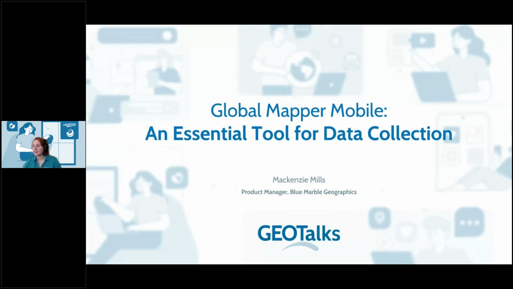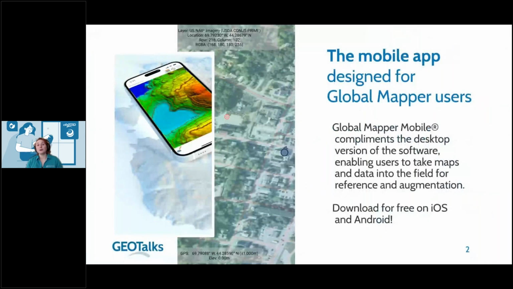So I'll dive right in here. We're talking about Global Mapper Mobile. Now, Global Mapper Desktop is probably the most known program from Blue Marble Geographics here. And Global Mapper Mobile is an extension of that for field work. It allows you to take map data that you've prepared or done some analysis on in Global Mapper Desktop into the field on a mobile device, a smartphone, or a tablet.